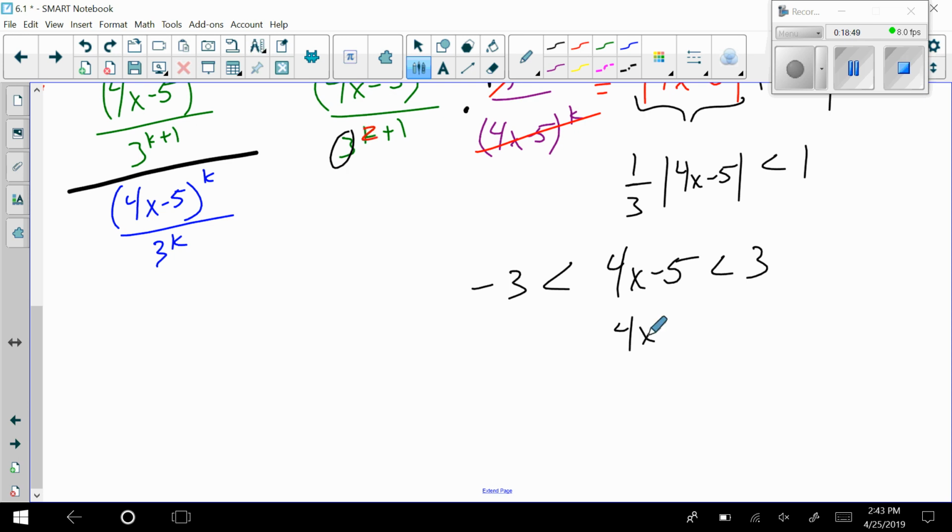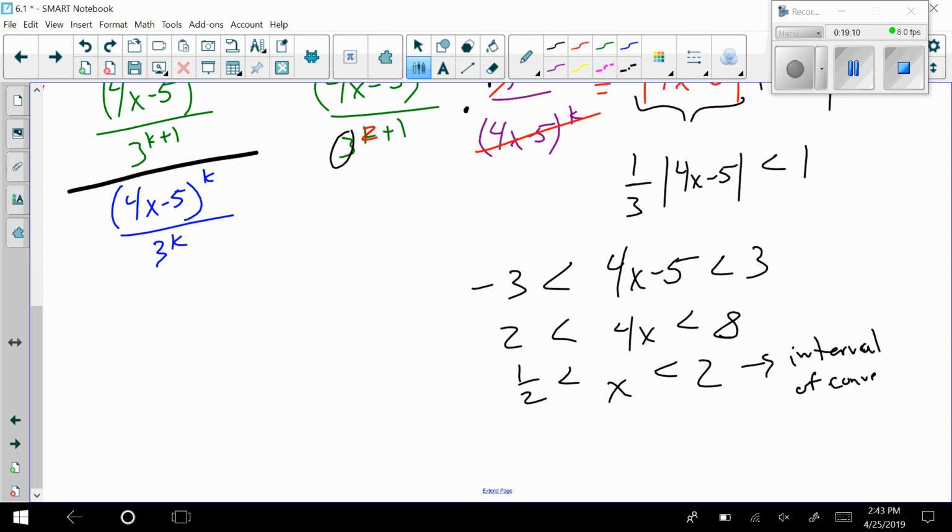And then, classic solving here, hopefully this is all a piece of cake for you, and I get x is between 1/2 and 2. This is known as the interval of convergence.